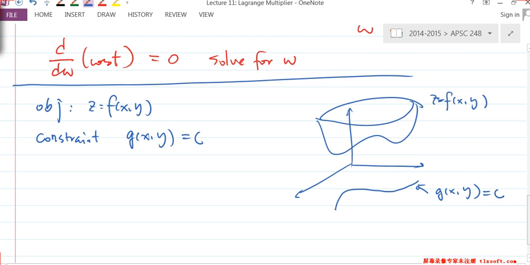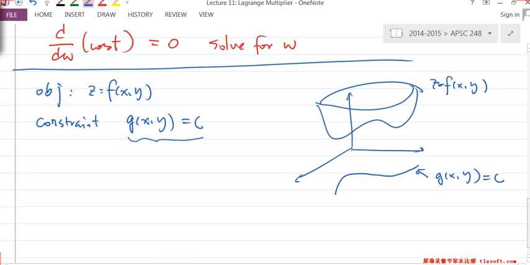Let's step back a little bit. When you look at this constraint, g of x, y equal to c, let's think of it in terms of the contour curve. What I mean is this: if I get rid of the c here, assume you have a function w equal to g of x, y.